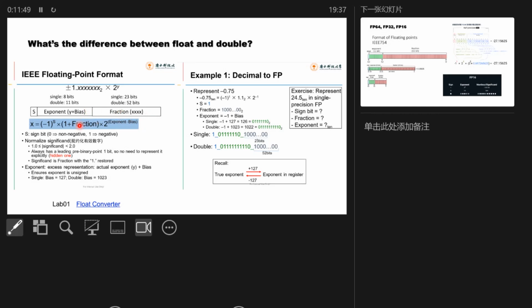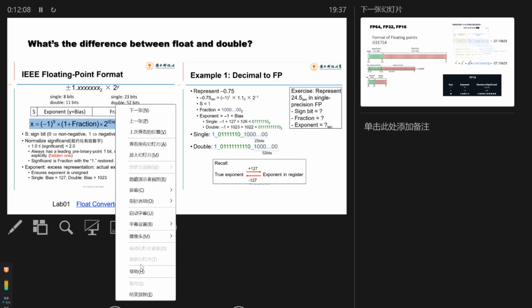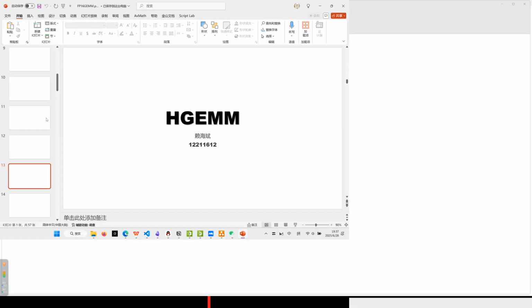And then we have the fraction. The fraction bits will be plus 1 and multiplied by the exponent value, and then we get the final result. And let's do a simple experiment, or simple lab, from here. I will show you how to calculate or represent the floating point in the real world.